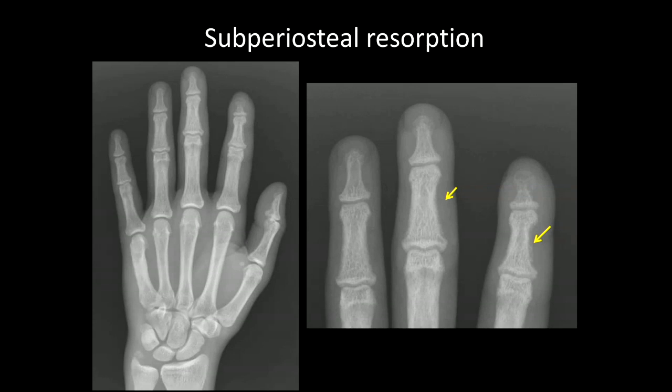And if you do that, such as in the case here, you will recognize that the second and third fingers have an eroded appearance compared to the more normal looking fourth finger. And this will allow you to make the diagnosis of subperiosteal resorption and then suggest the diagnosis of hyperparathyroidism.